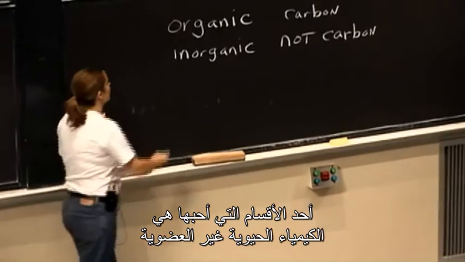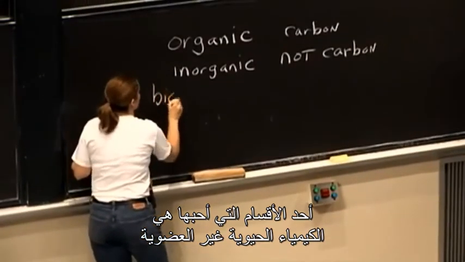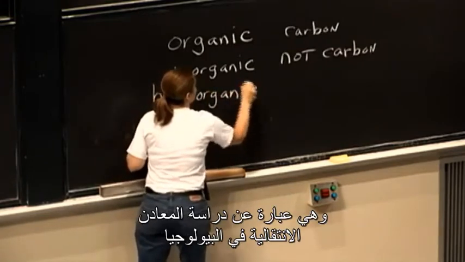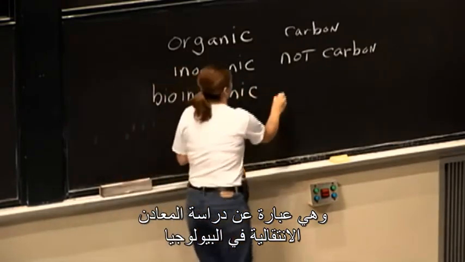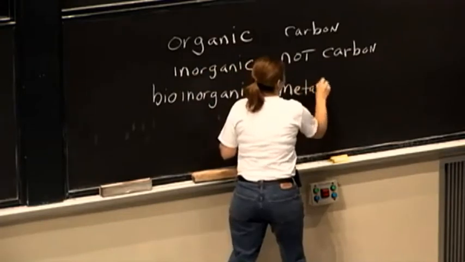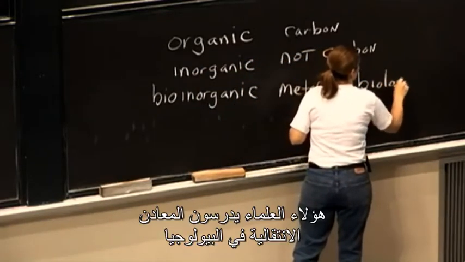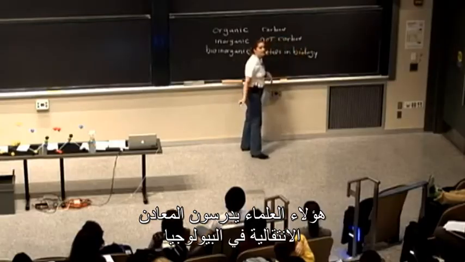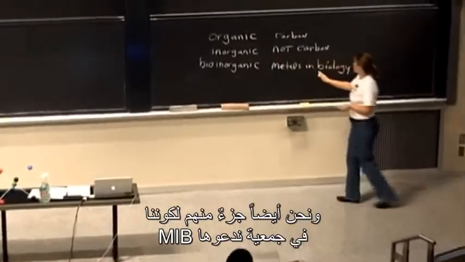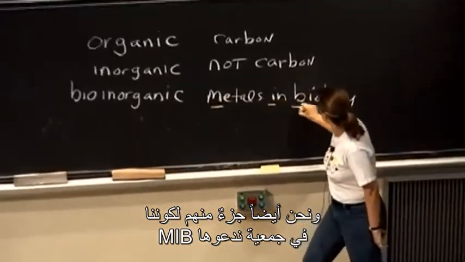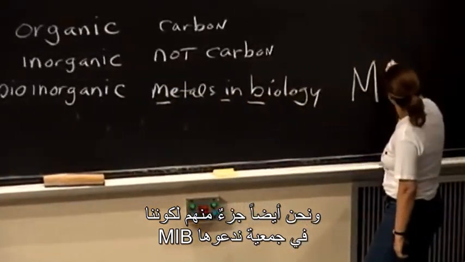And then one of the areas that I like is bio-inorganic chemistry. These are people who study metals in biology, and we're sort of in a club, which we call the MIB.